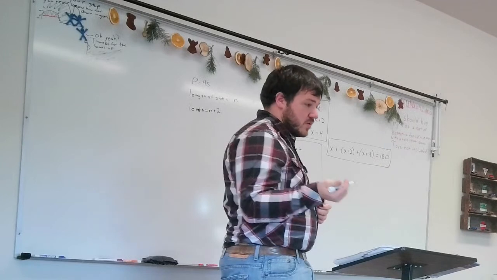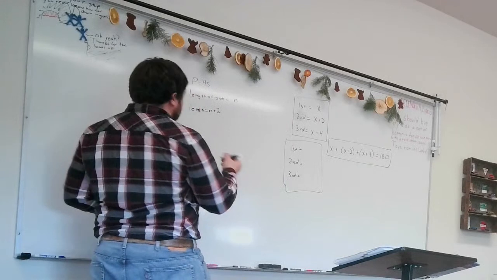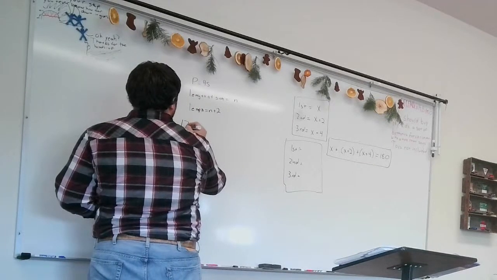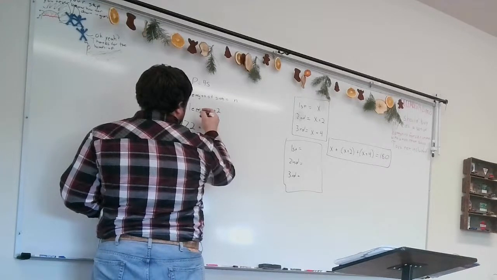So we know that the new perimeter, which is the only one we have, is 172. What about the width? It's the same, length and width are the same because it's a square.